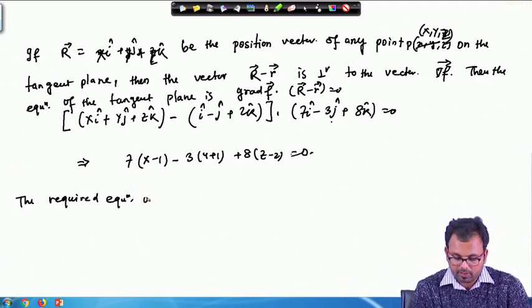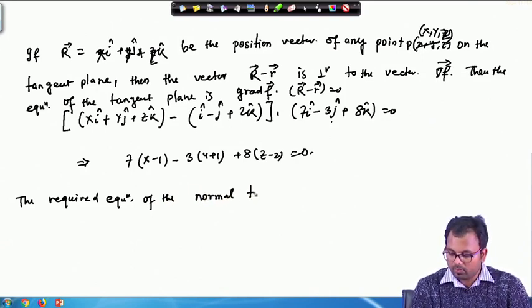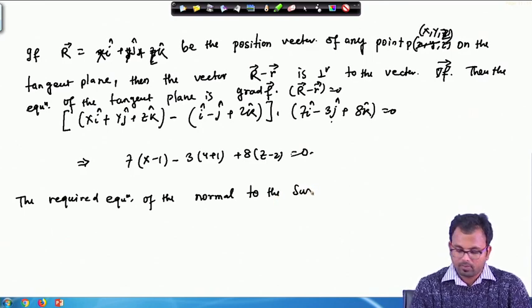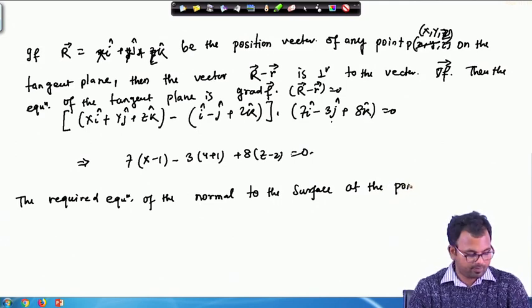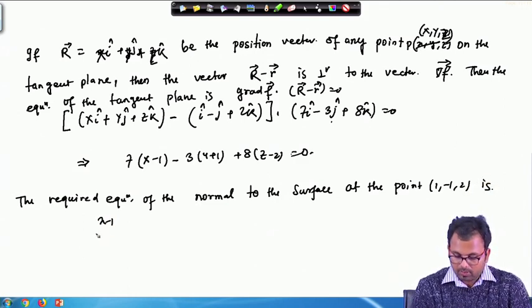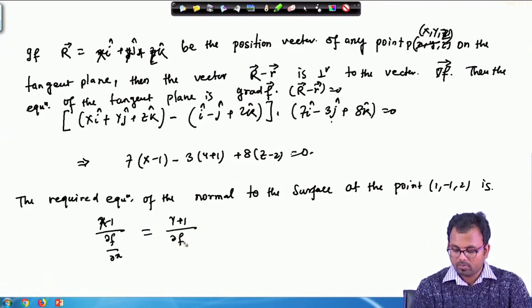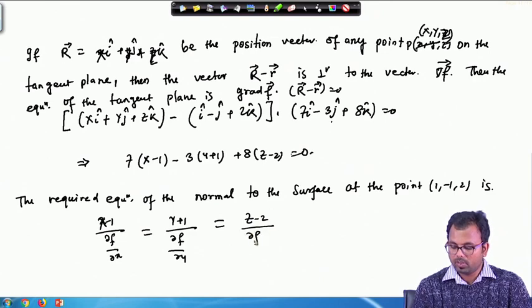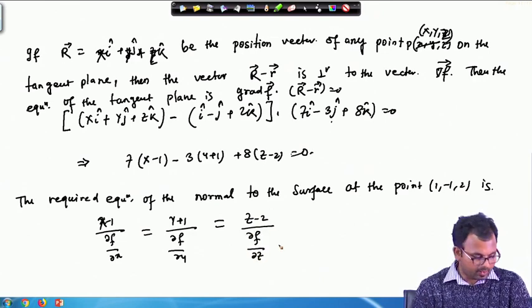So, the required equation of the normal to the surface at the point 1, minus 1, 2 is (x minus 1) by del f del x is equal to (y plus 1) by del f del y is equal to (z minus 2) by del f del z.